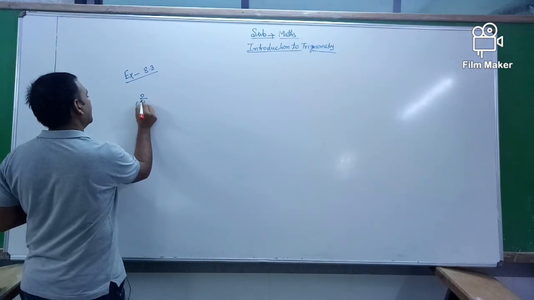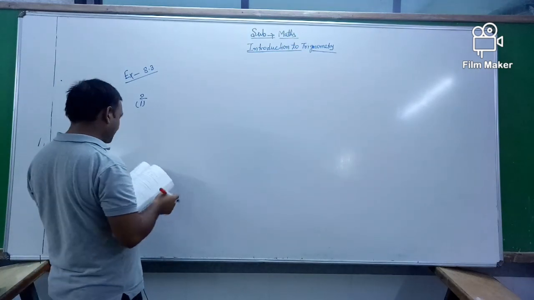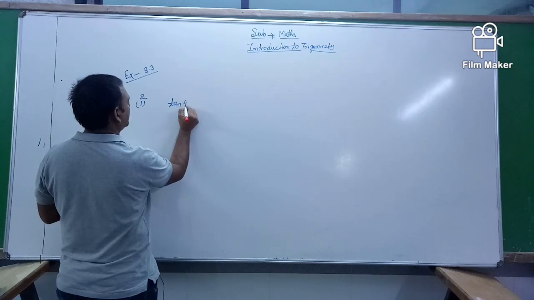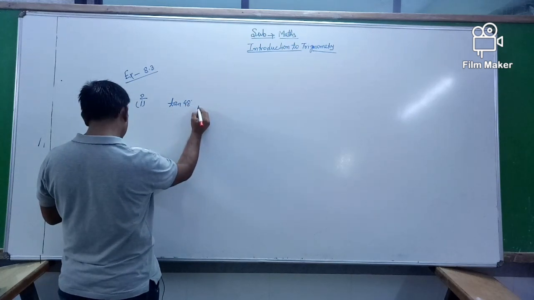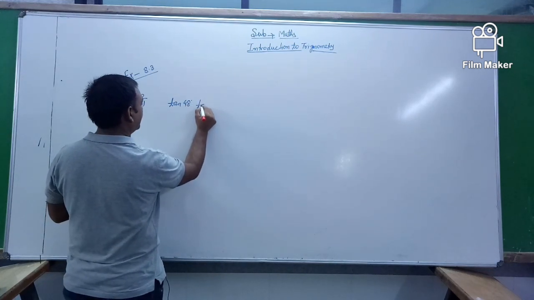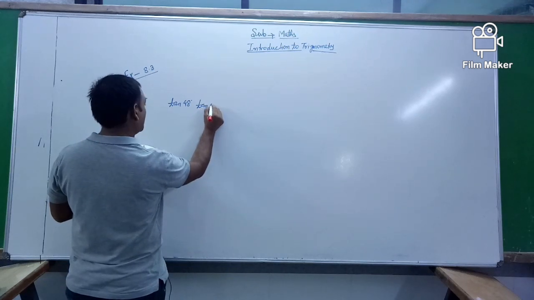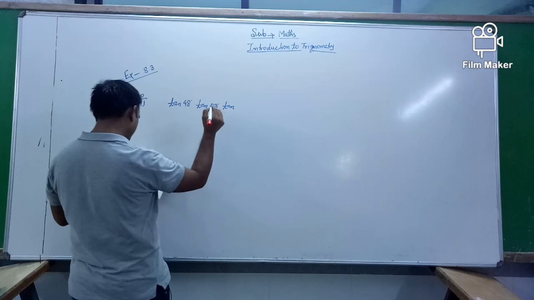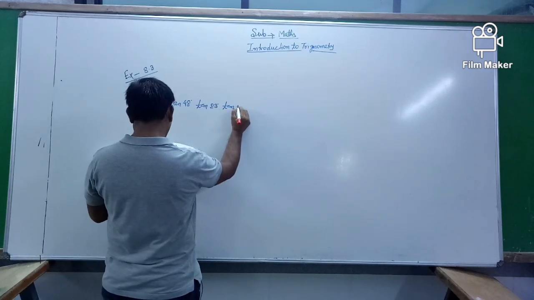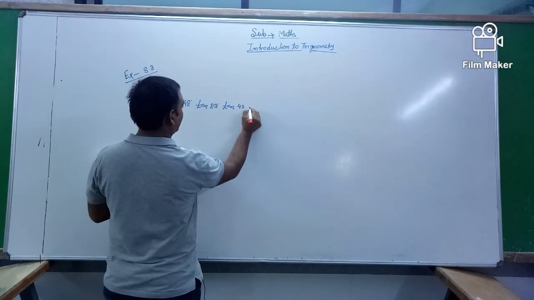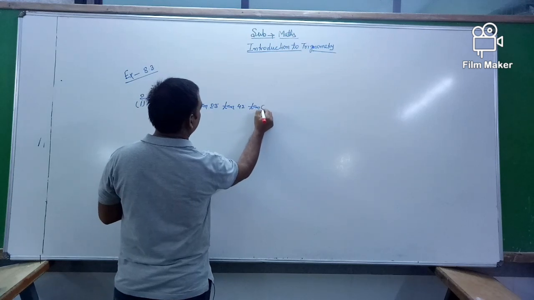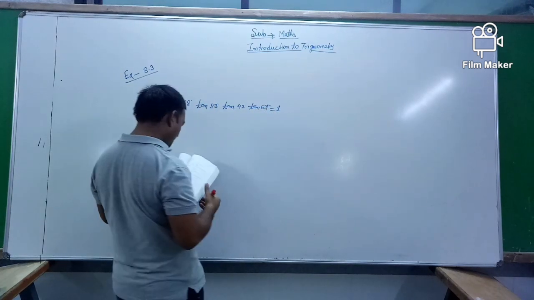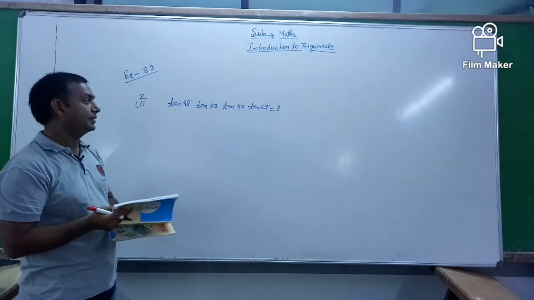The question number second of the first: tan 48 degree into tan 23 degree into tan 42 degree into tan 67 degree is equal to 1. You prove that it is equal to 1.